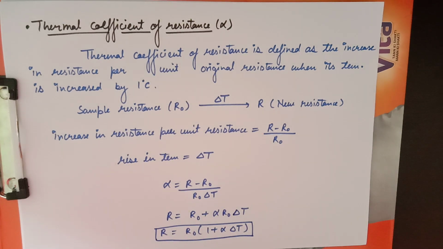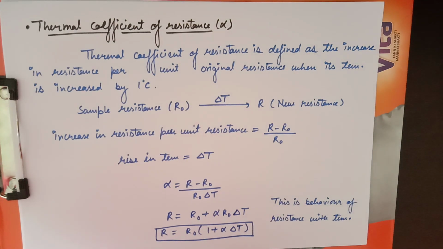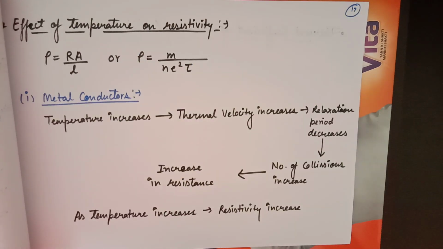This relation shows us the behavior of resistance with temperature. I write it here. So this is the equation which shows the relation of resistance with temperature. So this was the effect of temperature on metallic conductor.